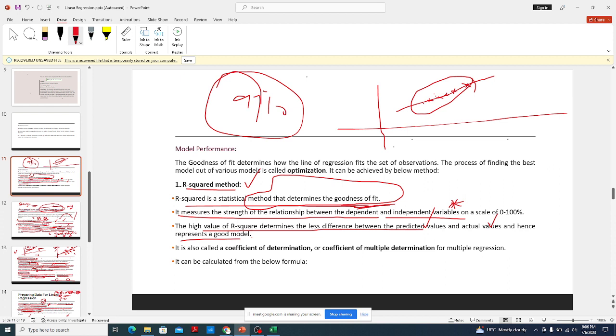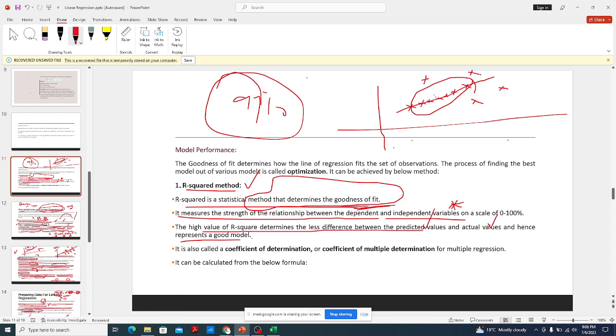Meaning that most of our data points are within or along the regression line, meaning we don't have any values which are far away from the regression line.